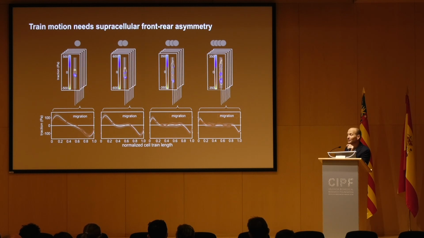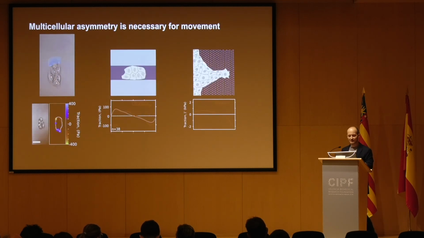What means more motion is the asymmetry in the system. So the cells that are moving have a peak that is similar at the leading edge, but at the trailing edge they have a distribution that is actually much lower. Right? And this happens for single cells, doublets, triplets, and quadruplets. So all this data pointed to this idea that what matters is the asymmetry in the system.